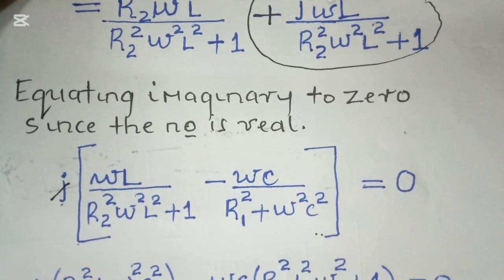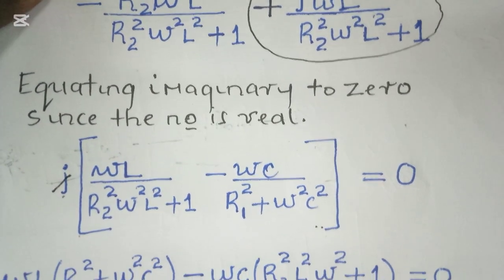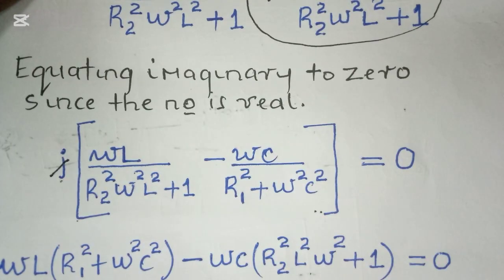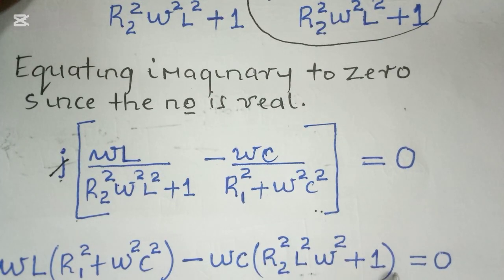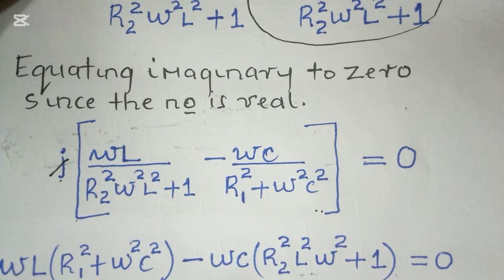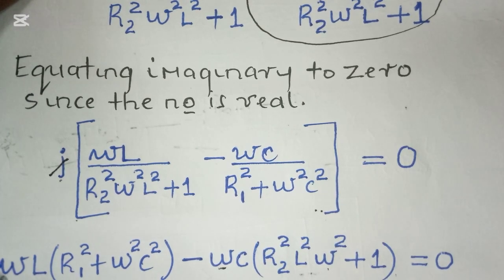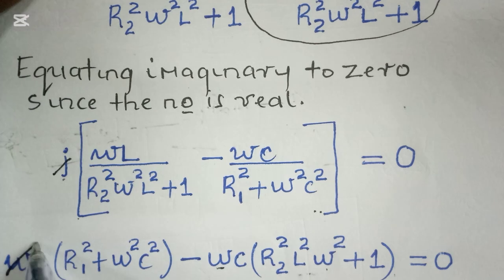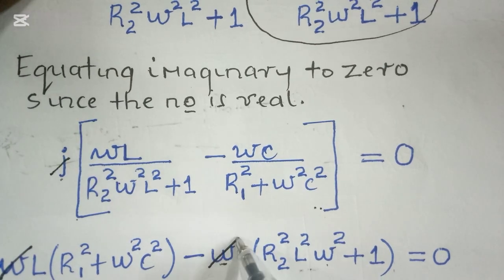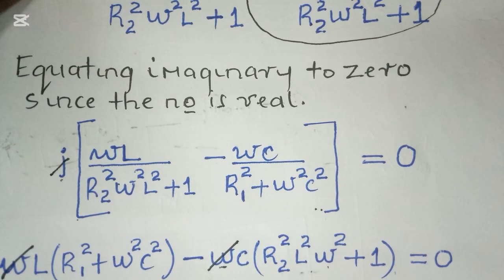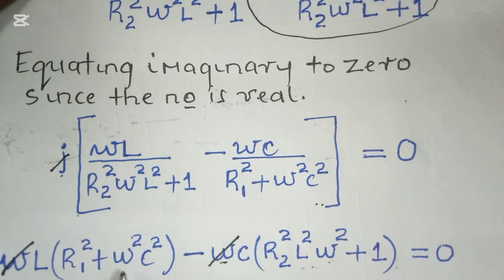The next thing we are going to do is make W the subject of the formula. After we have evaluated like this, we make this W you see here the subject of the formula. First, we can cancel this. We divide by W, and so we are left with this W squared.